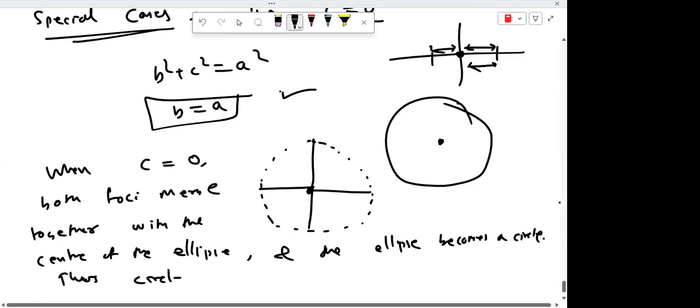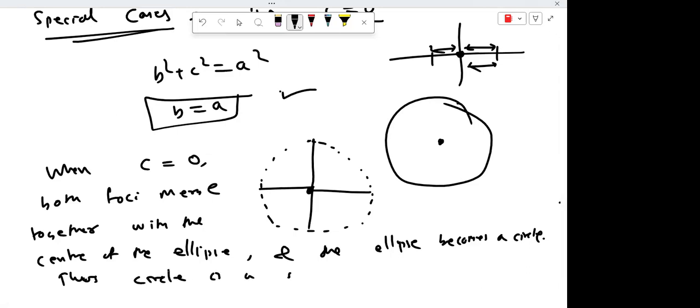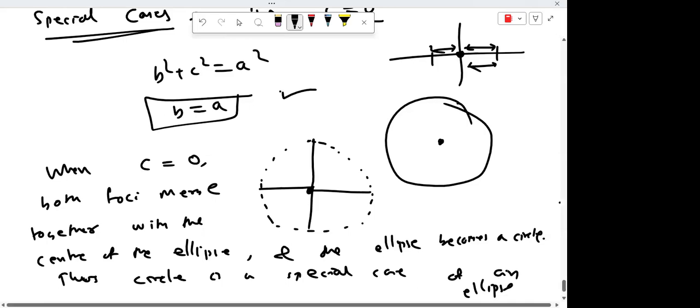Thus, a circle is a special case of an ellipse.